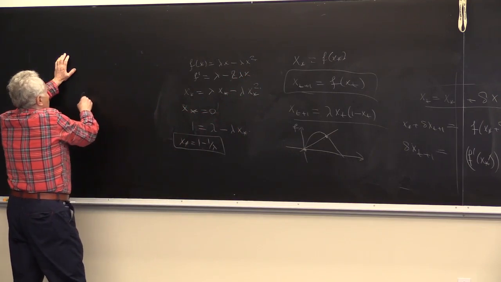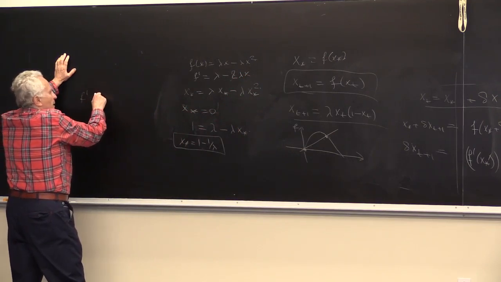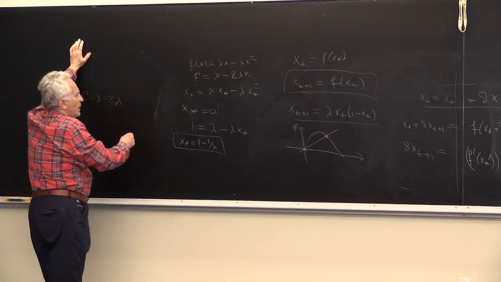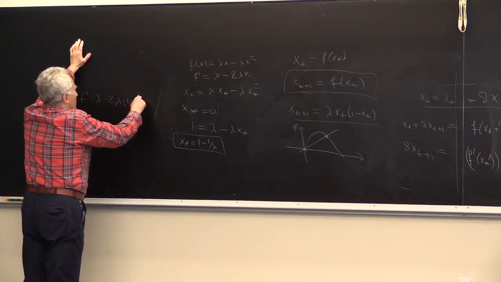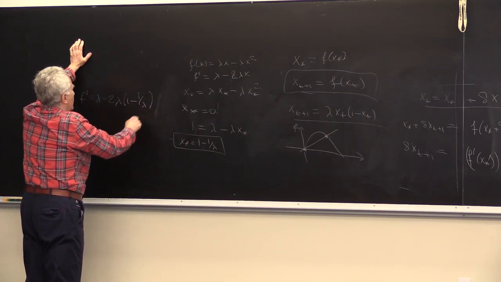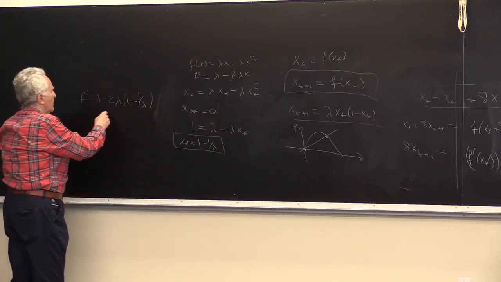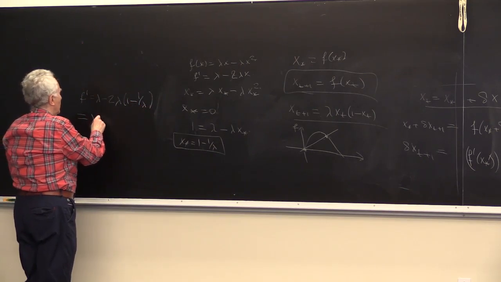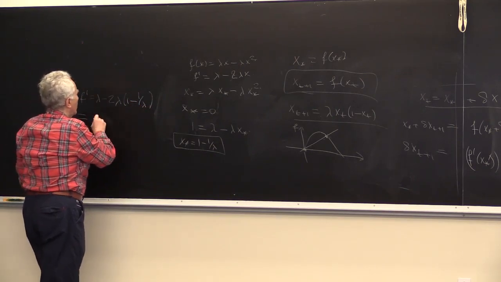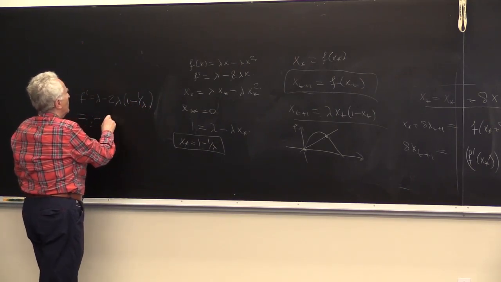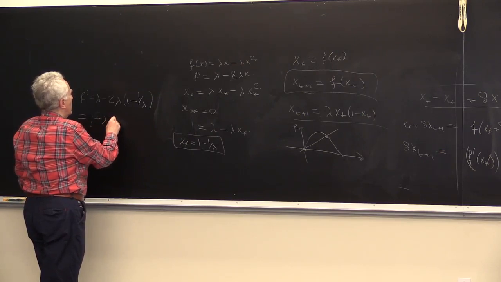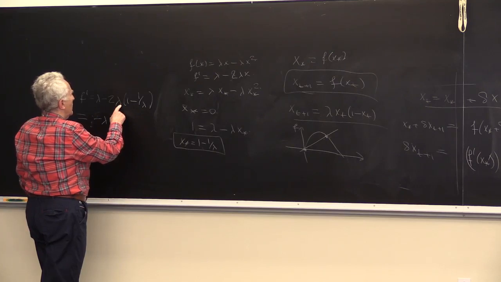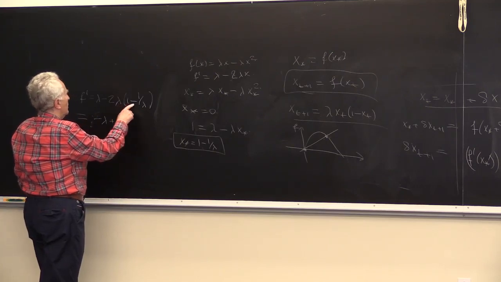So f prime is lambda minus 2 lambda times (1 minus 1 divided by lambda). I don't know if I make a mistake here. So we have minus lambda, plus this gives us 2, right?